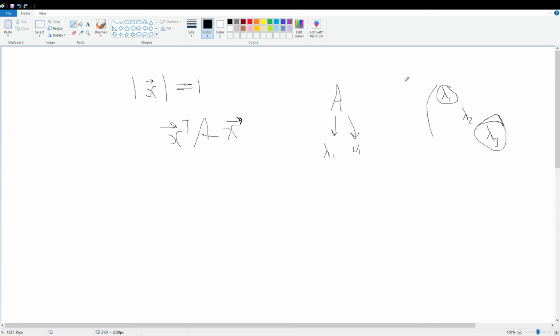And the associated eigenvector, normalized of course, will be the x vector that gets us to that optimized point.